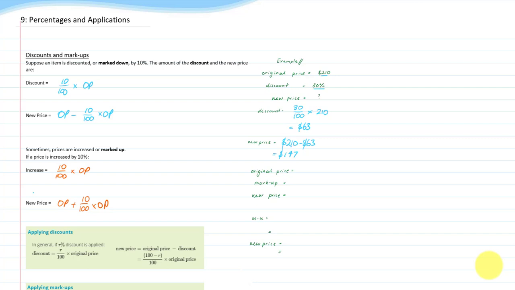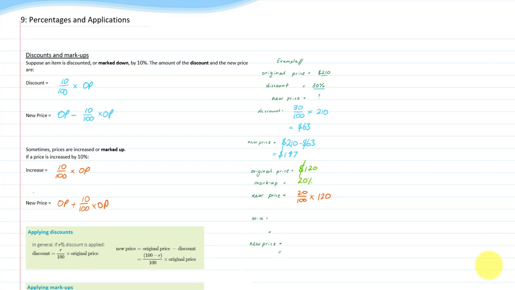So if we have something, and I'll make this one up, where the original price was $120 and the markup is 20%. Well, first we need to calculate the markup, which is 20% of the original price, $120.